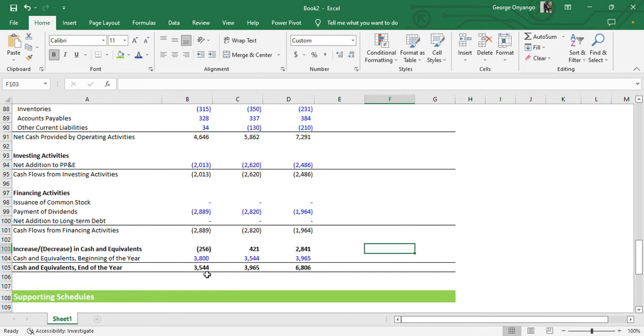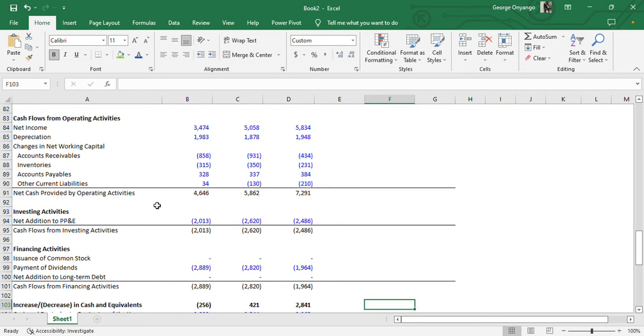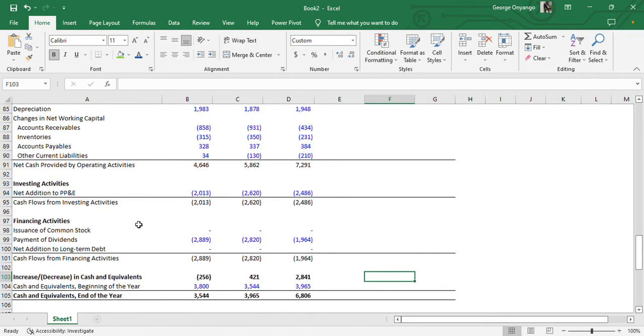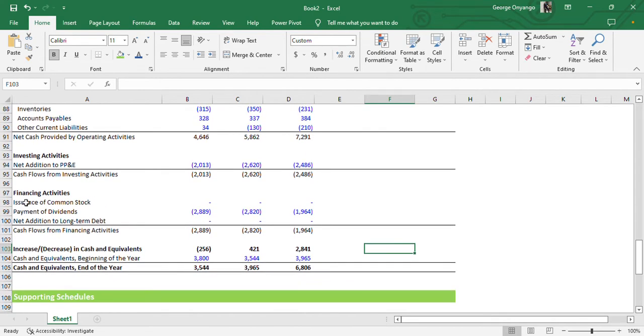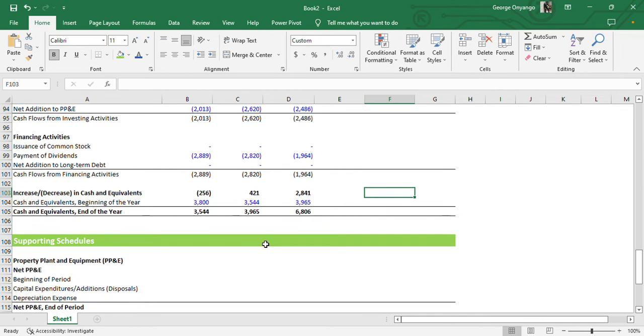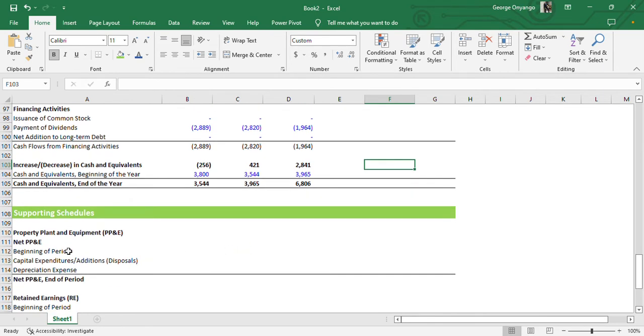It means that after the business has done the operating activity, have invested and done their financing activity, at the end of the day they remain with 3,544 million.